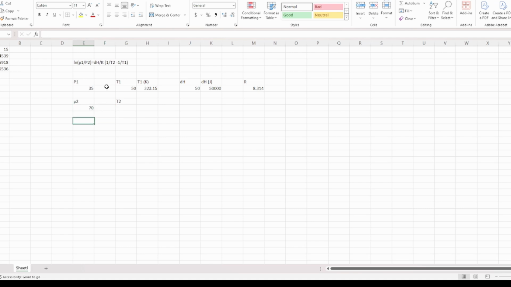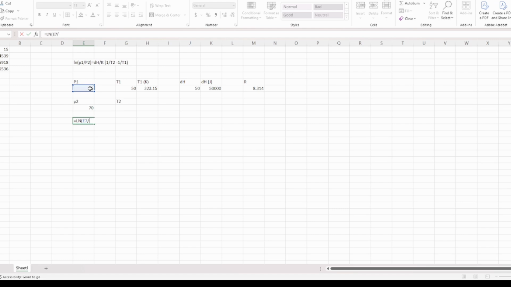let's calculate. To do a natural log, I just have to say equals ln, and you notice it shows right there, returns the natural logarithm of a number. I put parentheses and put whatever number I want in there. So what's P1 over P2? 35 over 70.